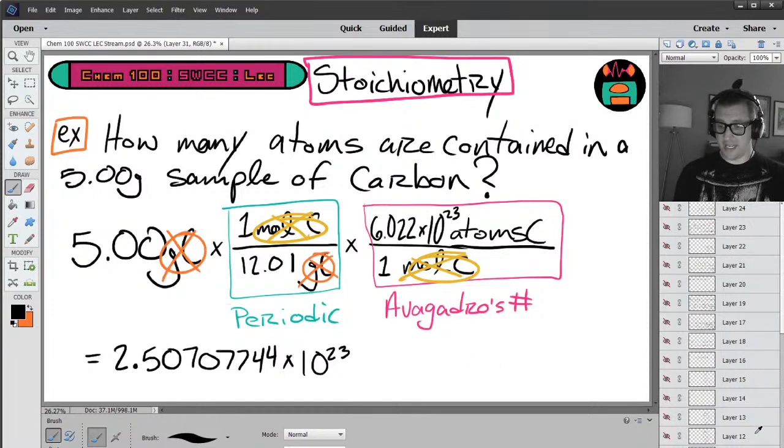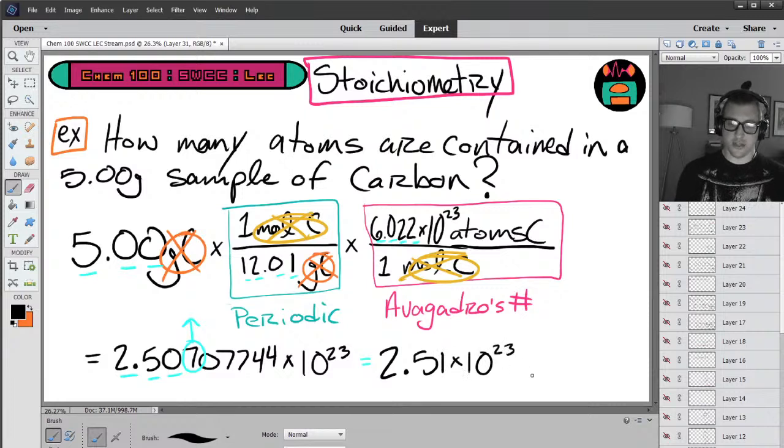Now, sig figs wise, I'm limited to 3. I've got 3 there, 4 here, 4 here. I've got to roll with the smallest. So I got to round to 1, 2, 3 sig figs. 7 is going to round up. So my answer with the correct sig figs will be 2.51 times 10 to the 23rd.